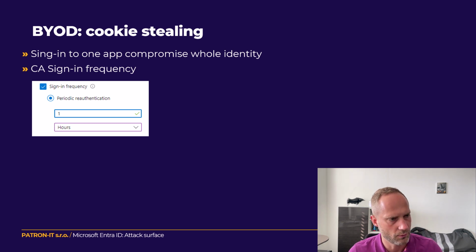So if we apply conditional access sign-in frequency for VPN, the token or the cookie couldn't be used to sign into VPN after 1 hour, but still it can be used to sign in and access other resources of that tenant. So for example, Exchange Online, SharePoint, OneDrive, if you don't apply sign-in frequency for those.